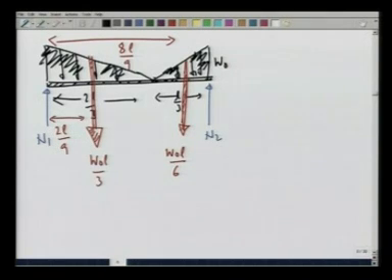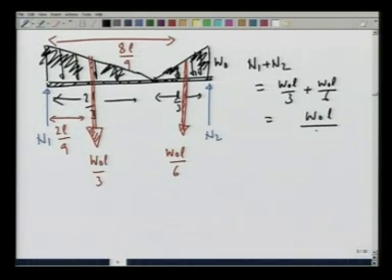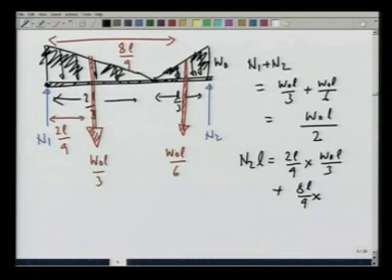Simple: N1 plus N2 being equal to W0 L by 3 plus W0 L by 6, which comes out to be W0 L by 2, and then we balance the moments about this point. All the distances are known, so it is going to be N2 times L equal to 2L by 9 times W0 L by 3 plus 8L by 9 times W0 L by 6.